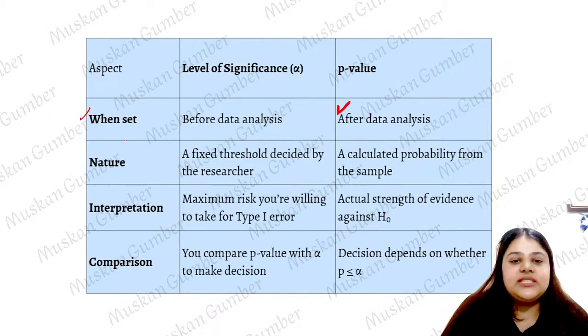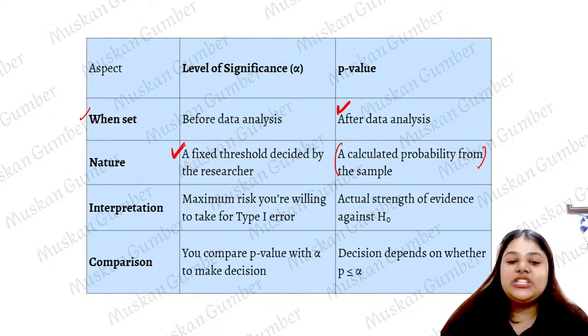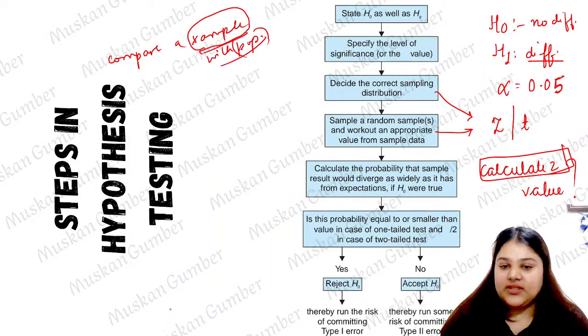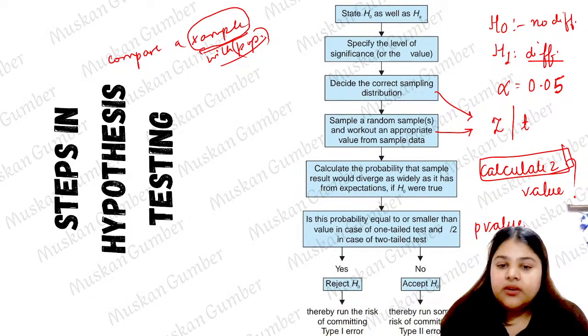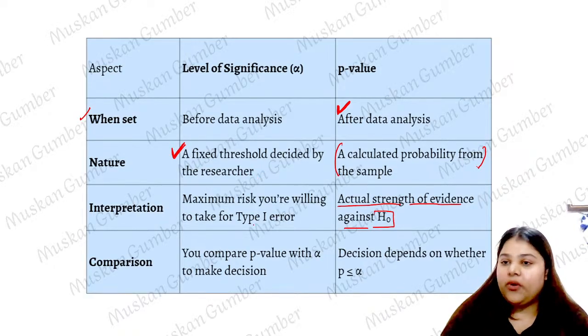Correct? We know alpha is a fixed threshold that the researcher decides, and the P value is the calculated probability that we get after calculation and then looking at the table. Now how do we actually accept or reject a null hypothesis? We compare the alpha value with the P value. The P value is actually the strength of evidence against my null hypothesis.